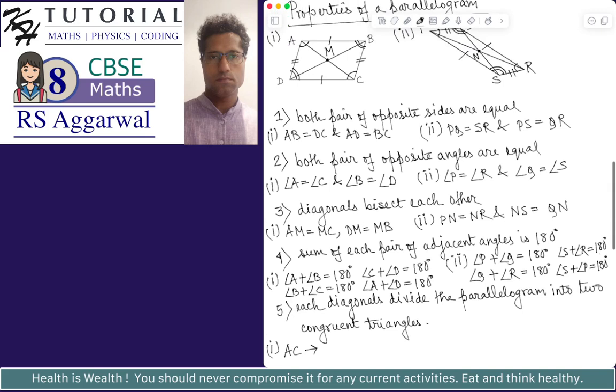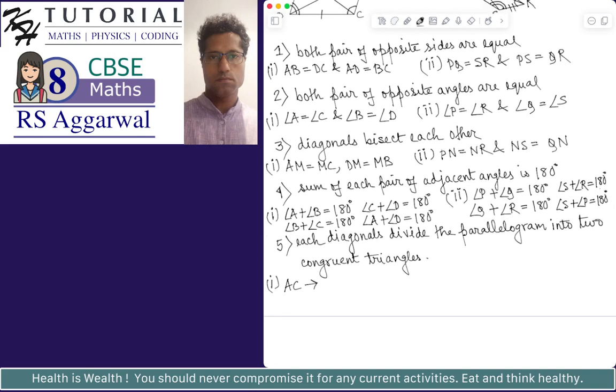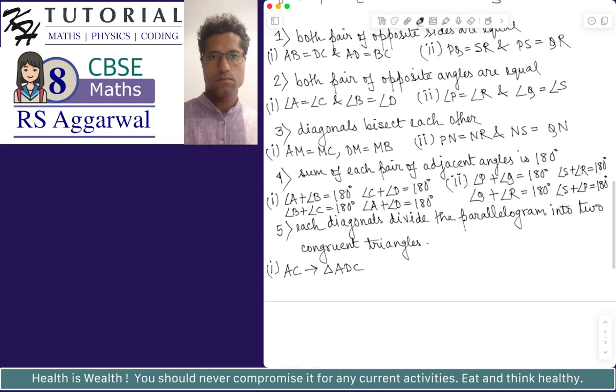The triangles are ADC and ABC, and they are congruent. The proof of this I will do in some future video.